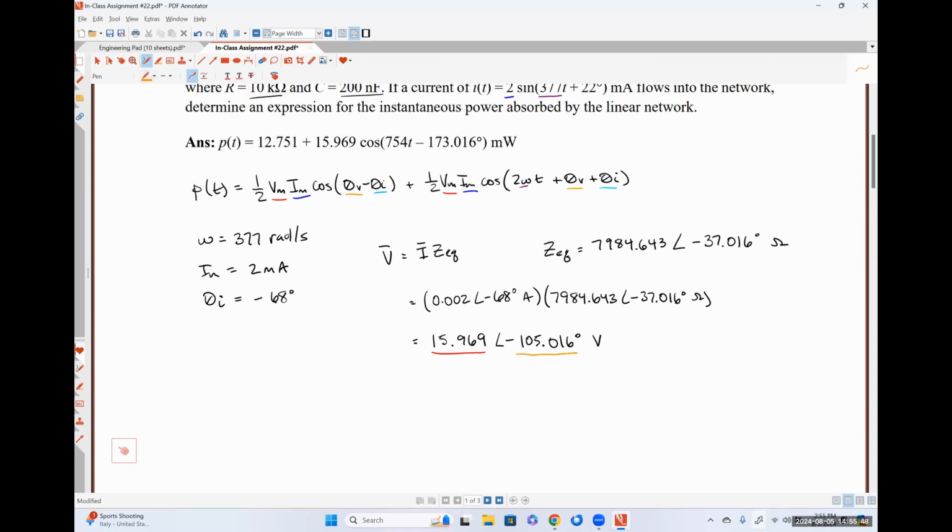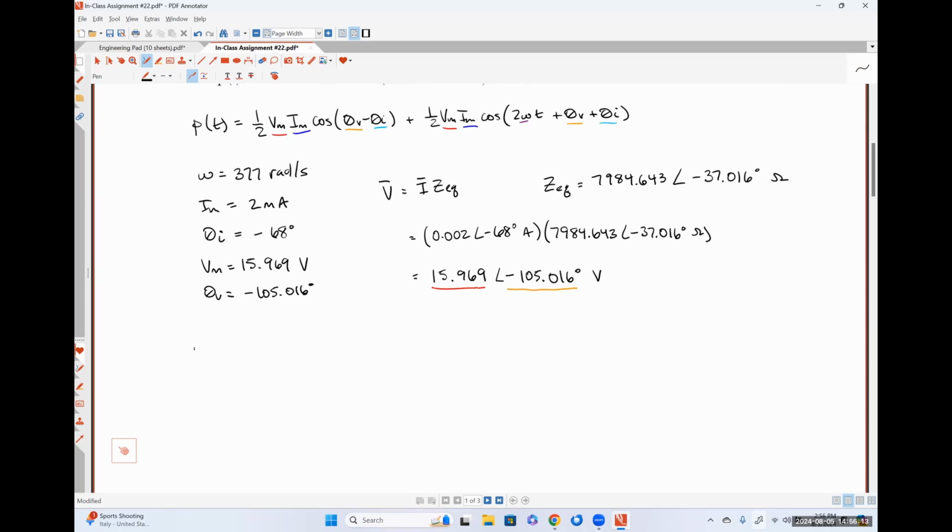And this part right here, including the negative sign, is theta V. So VM is 15.969 volts, and theta V is negative 105.016 degrees.